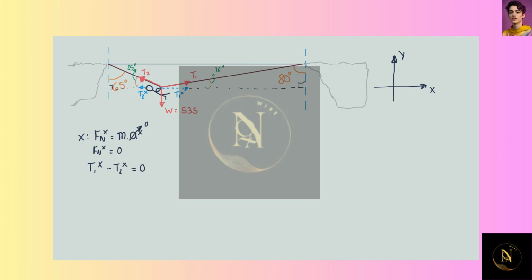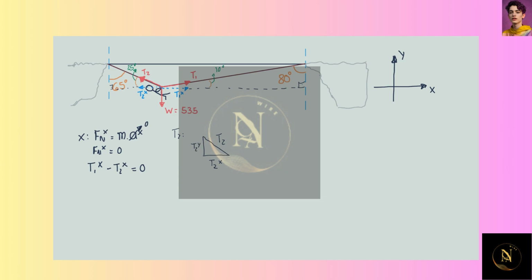Now, you can decompose the tensions 2 and 1 to discover what is the relation between their x components and their magnitudes. We have to use another triangle for that. We use the triangle formed by the force and their components. So for T2, it's a triangle like this, where the hypotenuse is the magnitude T2, this side is T2x, this side is T2y.